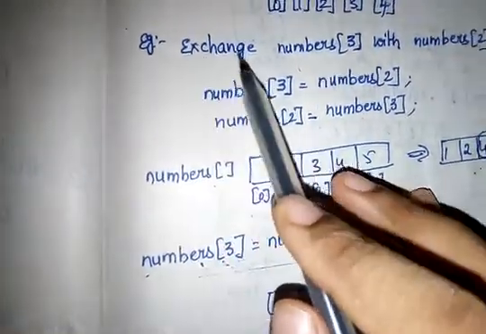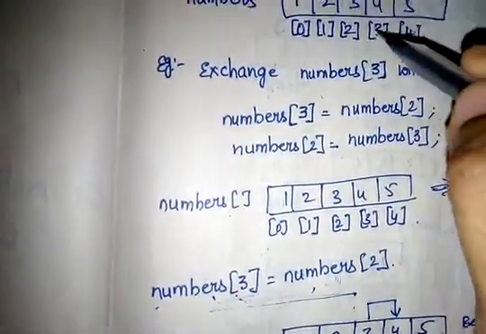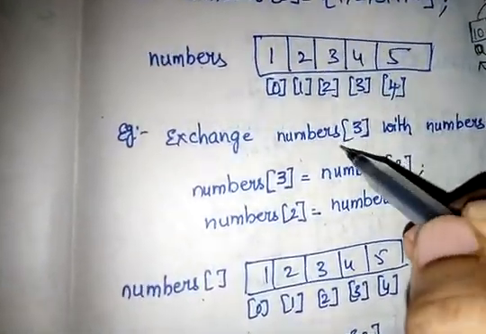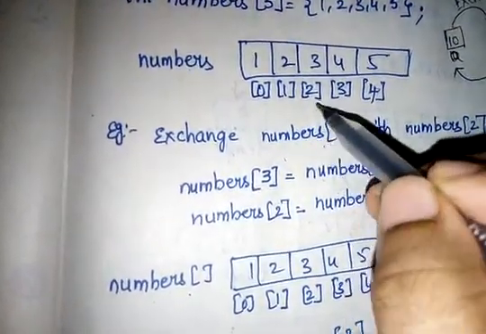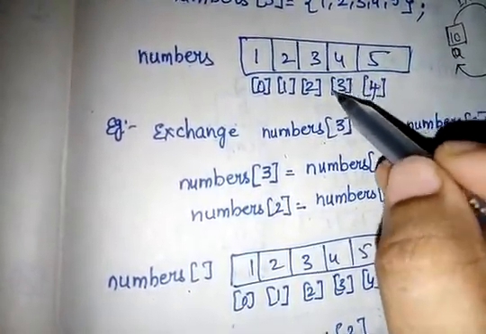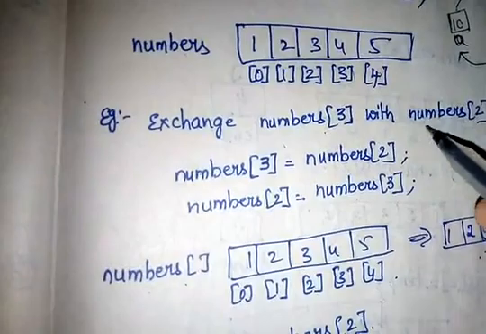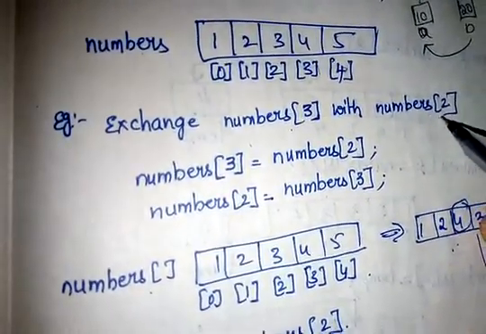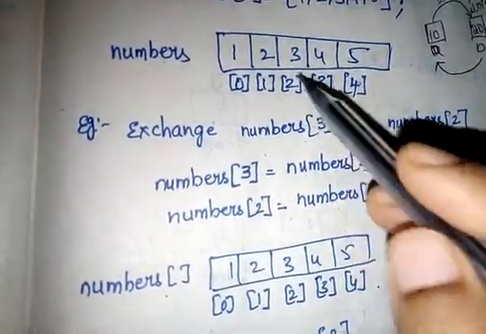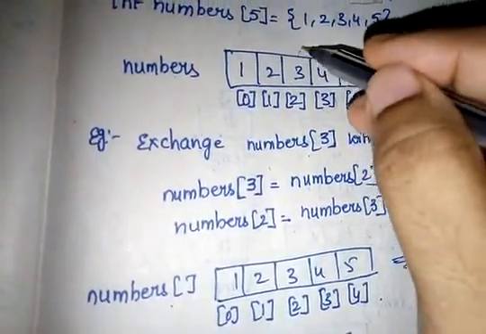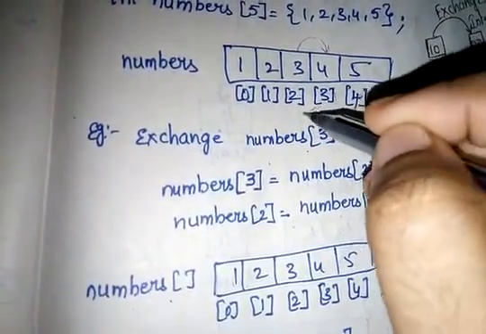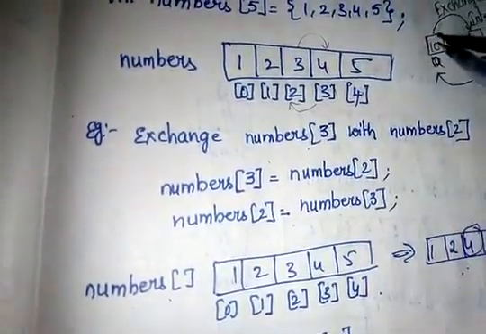Now say for example, I just want to exchange the value in numbers of 3. The value at index 3 is 4, and the value at numbers of 2, that is index 2, is 3. So the element at index 2 should be exchanged with the element at index 3.